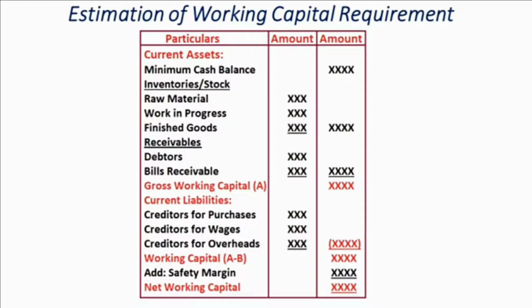The total of all the current assets is known as gross working capital, which we have named as A. Then we calculate current liabilities, which include creditors for purchases, outstanding wages, outstanding overheads. Then we get the total of current liabilities, and after this we calculate the net working capital by subtracting current liabilities from current assets. We have seen this whole procedure in the previous part of the working capital management video.